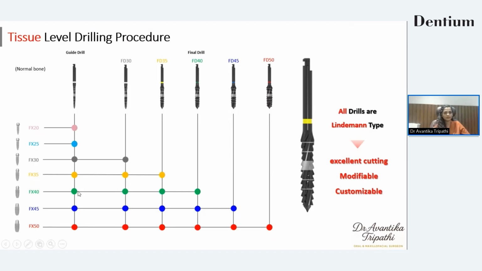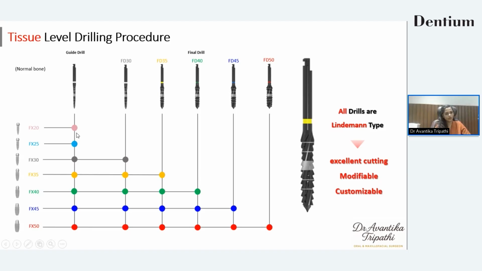This is the tissue level drilling procedure. If I want to place an implant of 2.5 mm, I'll follow the drilling sequence of 2.5, 2.5, and I'm going to place the implant. But if I want to place an implant of 2 mm, there is no 2 mm final drill. What I need to do is just decorticate with a 2.5 mm drill, and I can place a 2 mm implant.